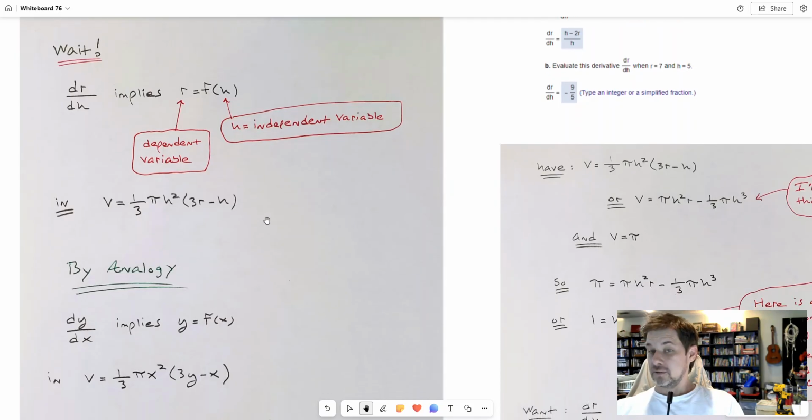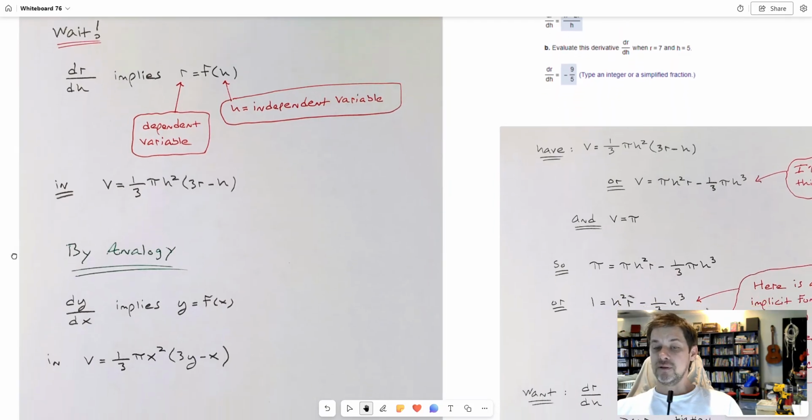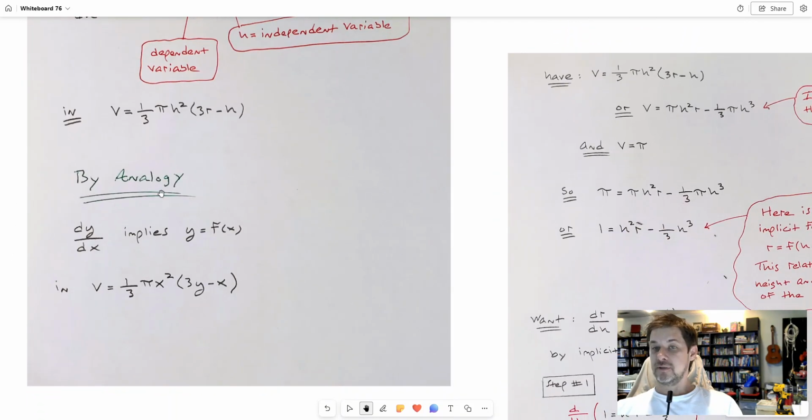So in that equation, now, if you want an analogy, ordinarily we use y and x as our variables in our functions. So ordinarily we might find dy over dx, the derivative of y with respect to x, implying that y is a function of x.